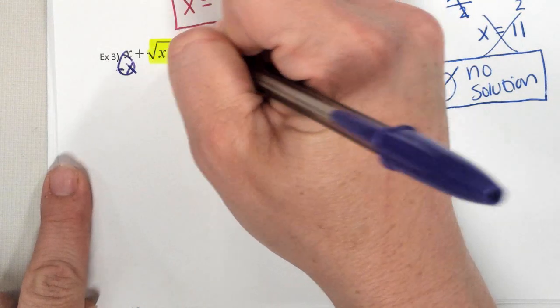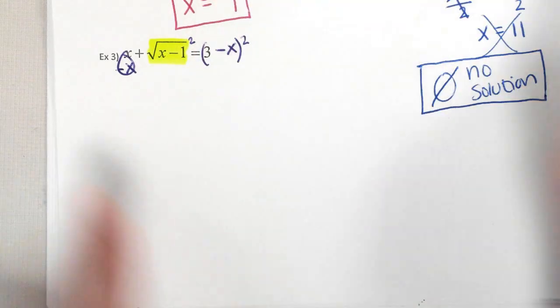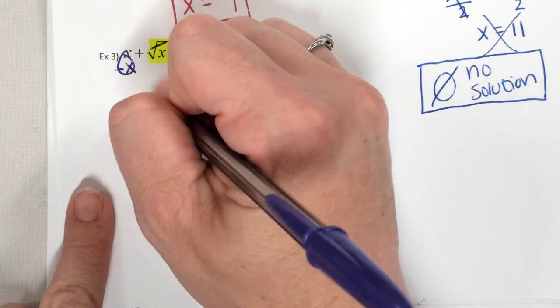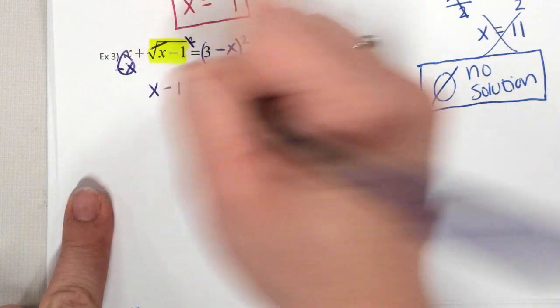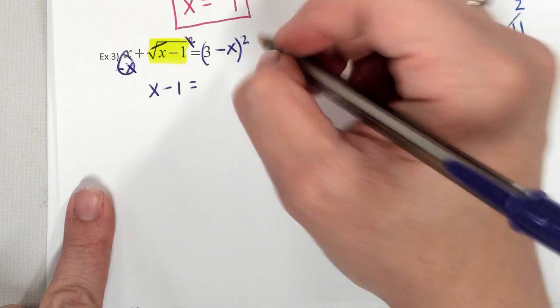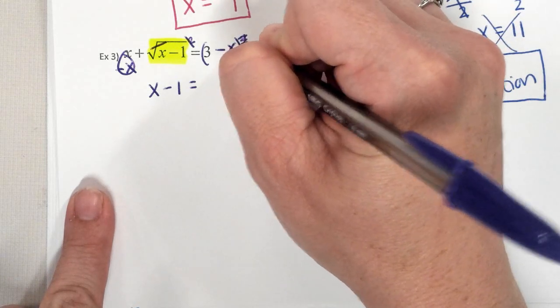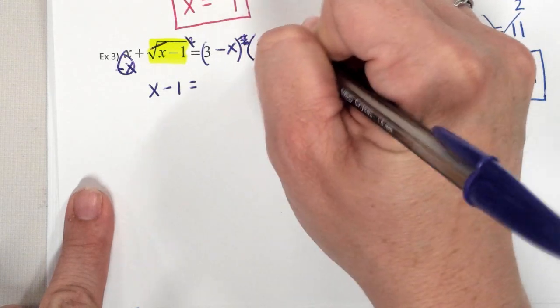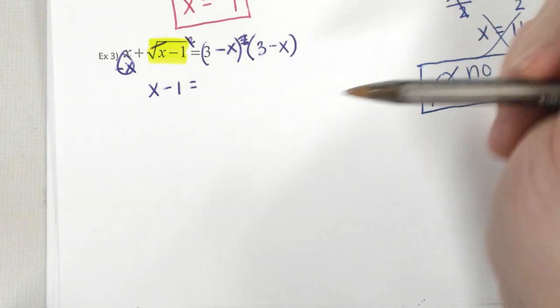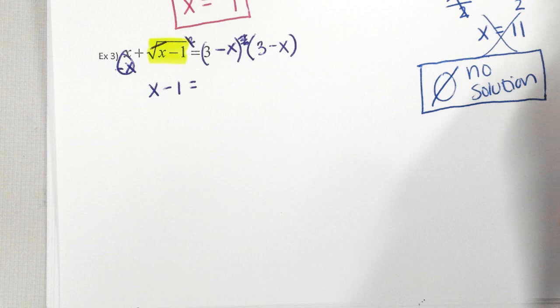Square. But I have to square both sides, and I have to square the whole side. Well, on the left side, the square root cancels the squared, and I'm left with x minus 1 equals, well, squared means twice, right? So I'm going to cross off my squared, and I'm going to write it again. Because isn't that squared? Yes. How do I do that?